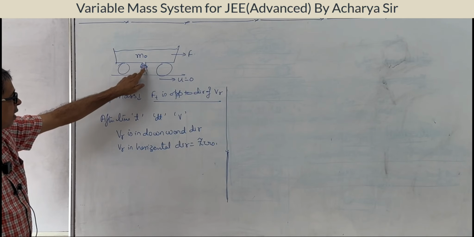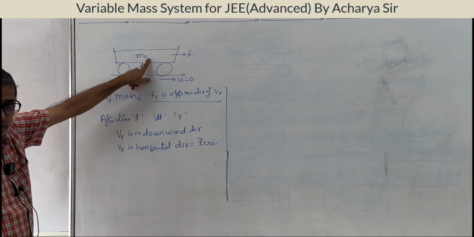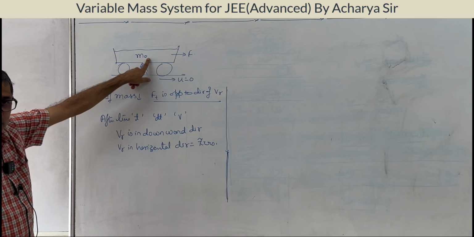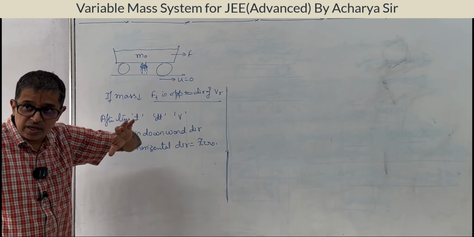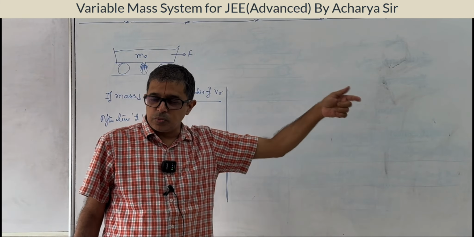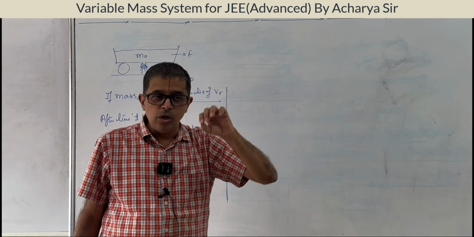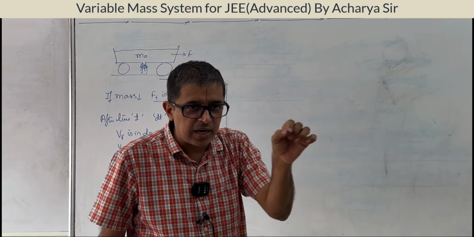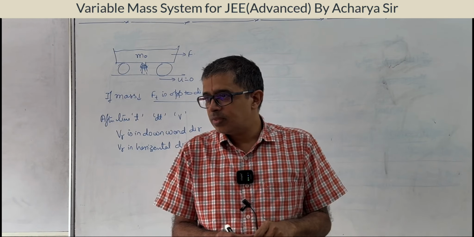When the sand particle is spilling out of the cart, velocity of the sand particle and velocity of the cart, both of them will be the same. So relative velocity of the sand particle with respect to the cart will be 0. So thrust force in the horizontal direction will be 0.